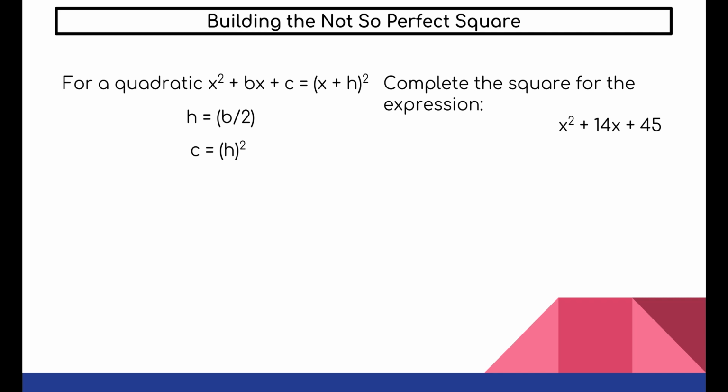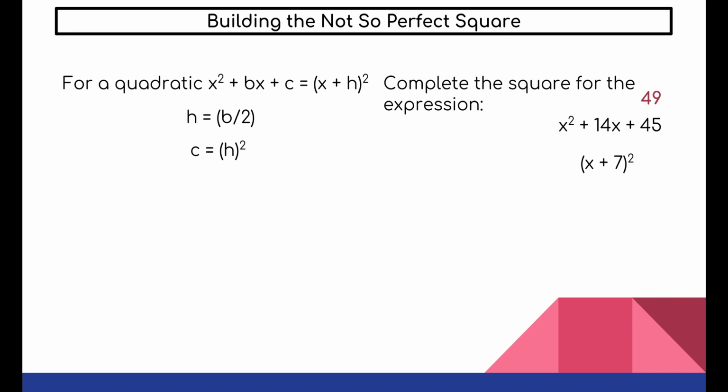We're going to complete the square for the expression x squared plus 14x plus 45. We're going to go through the same process. We're supposed to have inside our parentheses half of 14, or 7. So we're supposed to be looking at the square of x plus 7. 7 squared is 49.